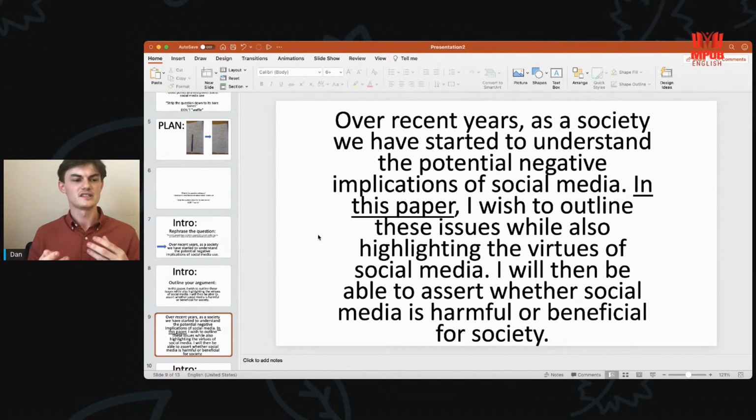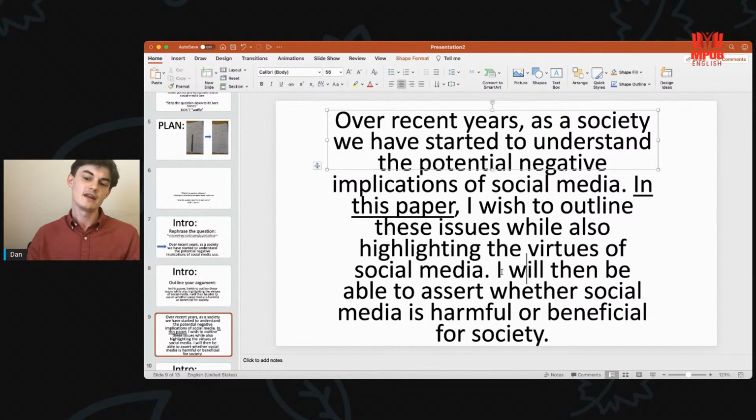So I've offered this sense of, okay, there's going to be some arguments for social media being good, and some arguments for it being bad. And then in our conclusions, I'm going to say, I will then be able to assert whether social media is harmful or beneficial.